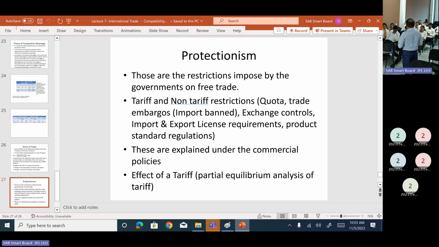That's why I mentioned partial equilibrium analysis. We use the demand-supply price model in order to analyze the effect of tariffs. Do you have any idea? We need to touch on the demand-supply market model on interventions in the economy, like minimum price, maximum price, and tariff. So this is the tariff case.